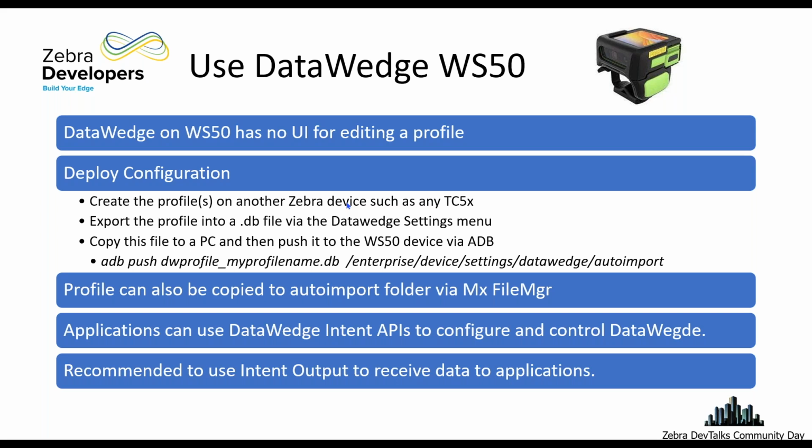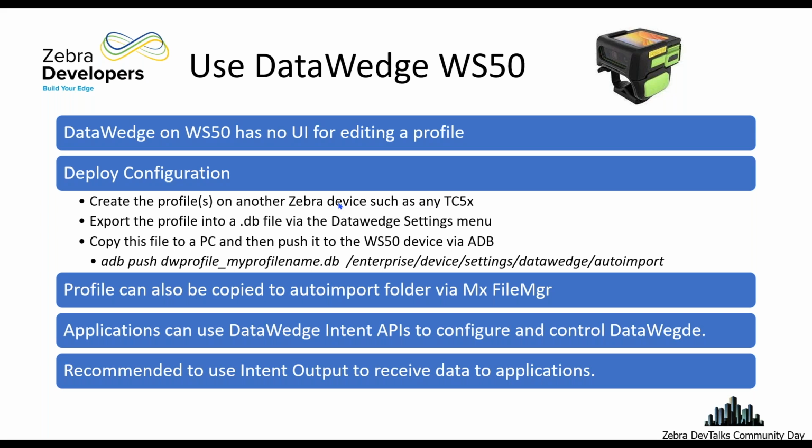So what we are recommending is you can create a configuration file in a different device, such as TC55X or TC7X, whatever handheld device you have. You can configure it, and then you can export the configuration.